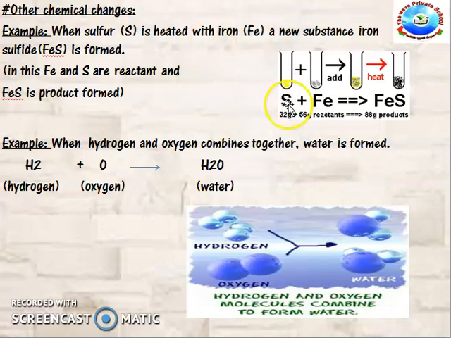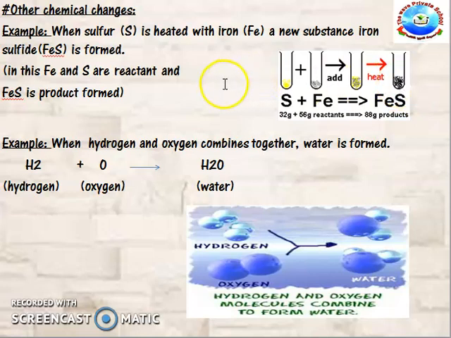Now see, sulfur is yellow in color, iron is gray in color, they are mixed together and heated. What happens? There is formation of a new substance, that is iron sulfide. Got it?